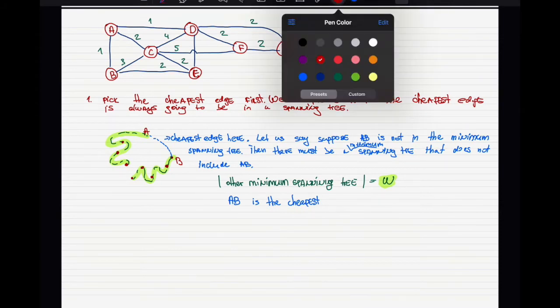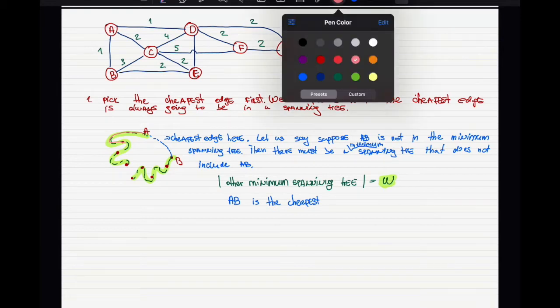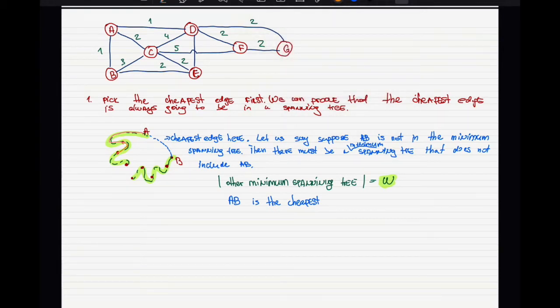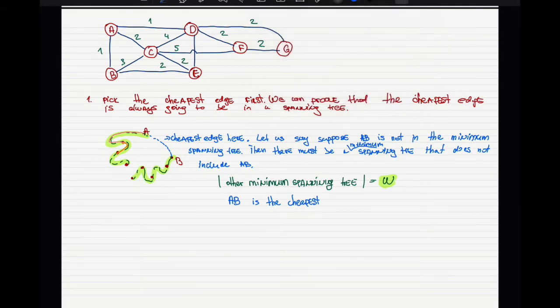So all the other edges that I have in the tree, for example, the edge between A and this node here, or the edge between this node and this node, or the edge between this node and this node. All of these different edges that I've highlighted, they're more expensive than AB.